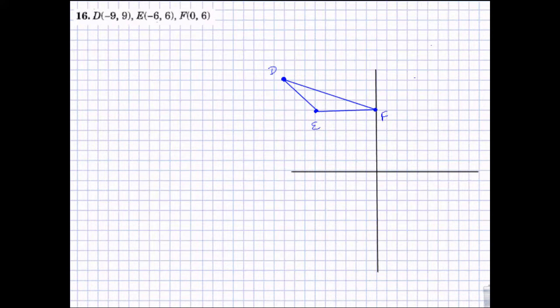So we can draw that altitude fairly simply, like that. And then I can either try to find this altitude and extend them out and see where it goes.